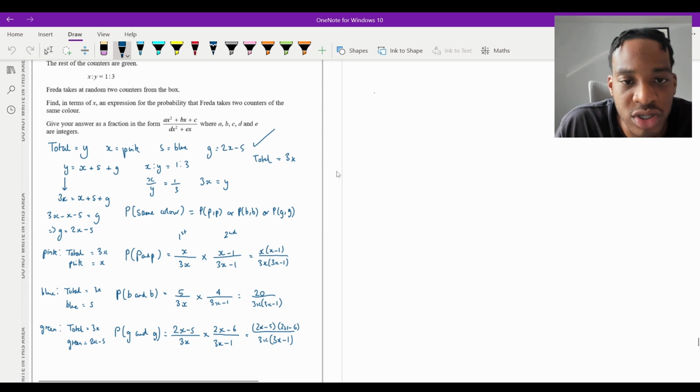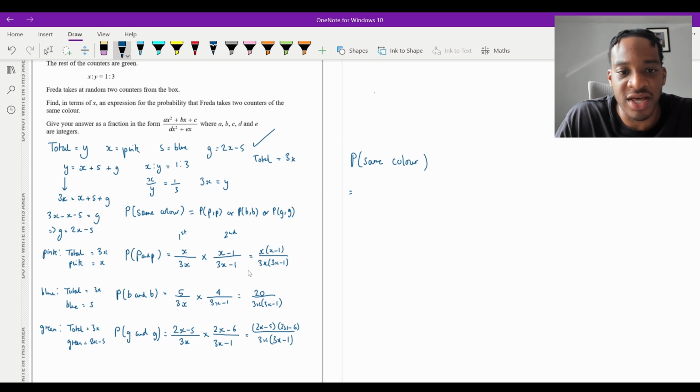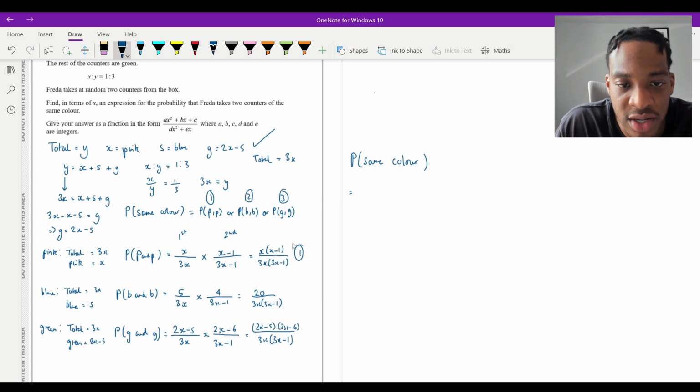Now, if I want the same color, right, we can see that same color here. It's just going to be equal to these. So remember, we've got these here. I'm going to call this option 1, option 2, option 3, just so it's super clear. This is option 1, this is option 2, this is option 3. So option 1 is this expression here.